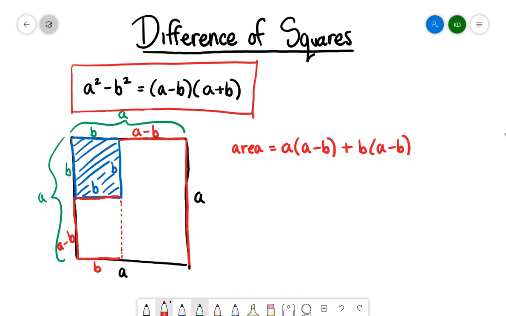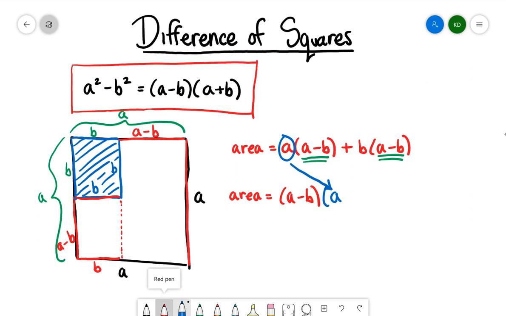What we notice is that when it comes to factoring, I can factor out anything that terms have in common. So these terms have a minus b both being in common, which means that I can factor it out. So the area left over, I'm going to factor out a minus b from both of these terms. When I factor it out of the first term, a times a minus b divided by a minus b just leaves me with a.